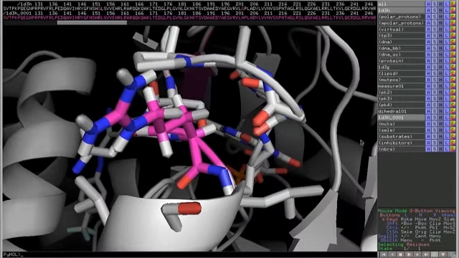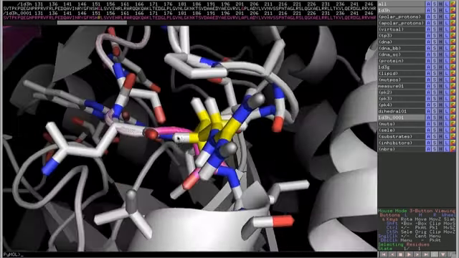Maybe I should turn that a different color. And color it. Oh, let's not have any typos. Okay, great.